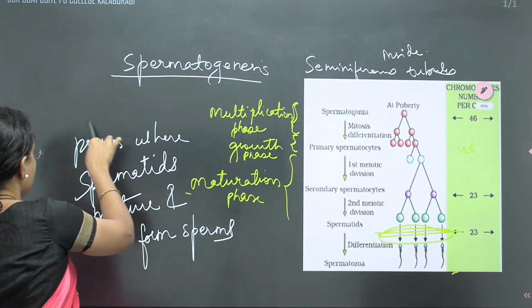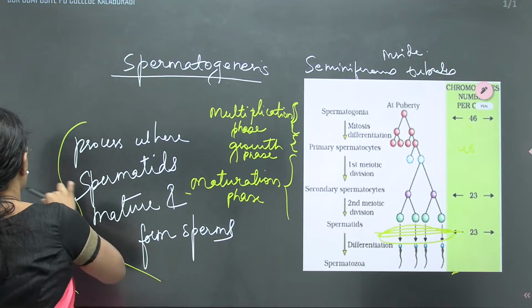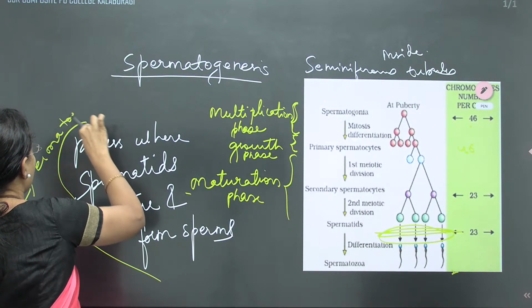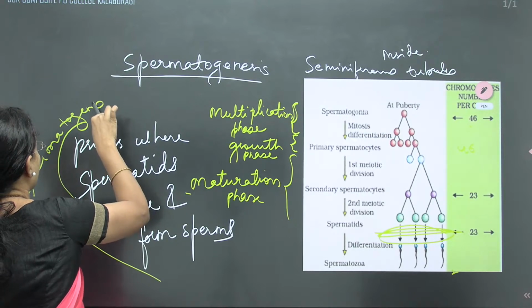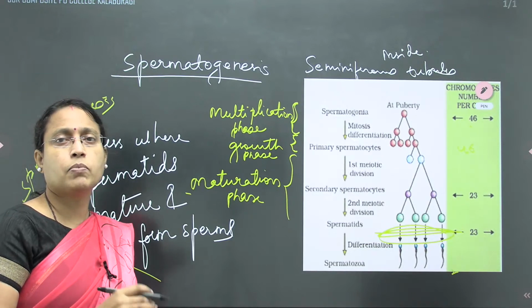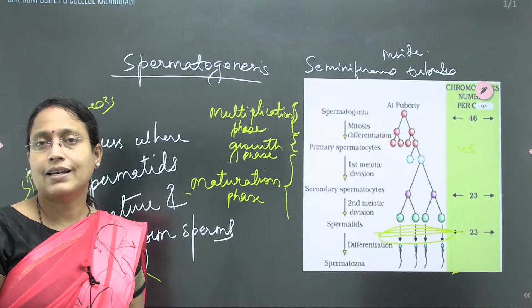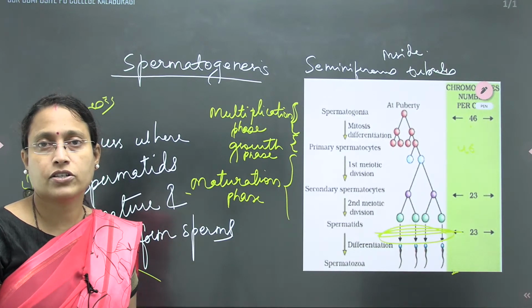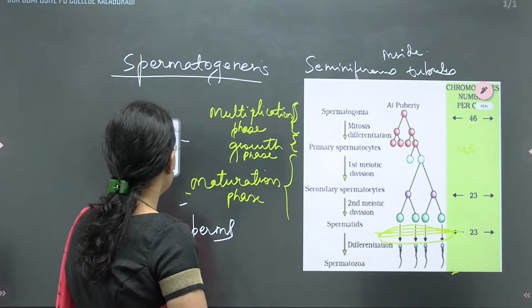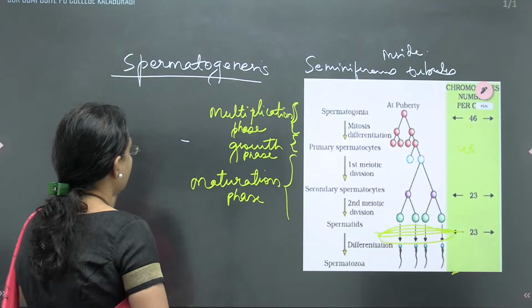And this whole process itself is called spermatogenesis. Spermatogenesis is nothing but cell differentiation.